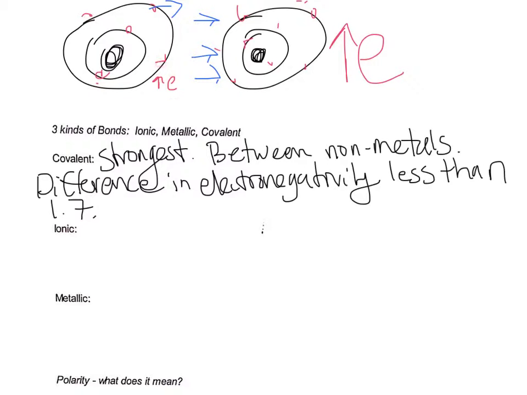Now, if the electronegativities were kind of the same, then it's not one really pulling on the other. They're both pulling with about the same amount of force on the electrons, and so what they would do is they would share.